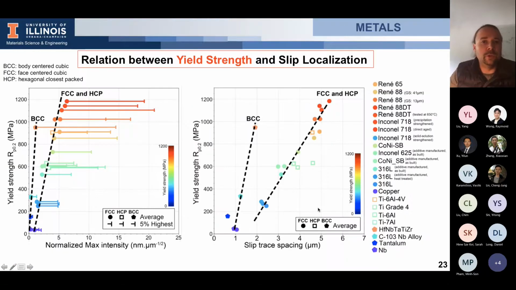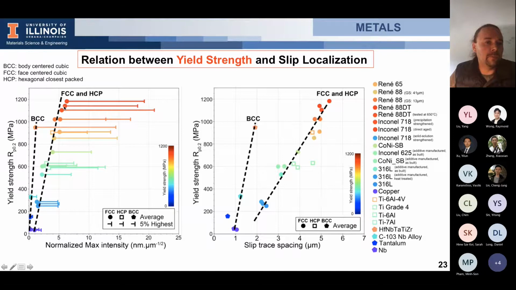So here is during monotonic loading, and I display the results only at the yield strength of the materials. I have the maximum intensity for all of the slip bands as a function of the yield strength, for all the materials I tested.